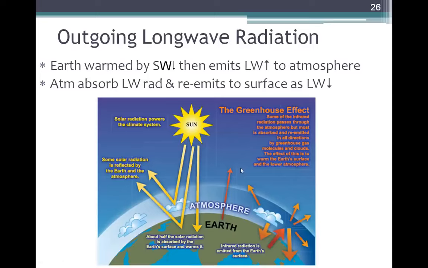If it weren't for the Earth's atmosphere, we wouldn't be able to hold on to any of our heat. It would all just escape, and the Earth would not be habitable for life. So the greenhouse effect describes an important component of the atmosphere, which is to warm us up. It's as if we have a blanket on top of the Earth, and it keeps us warm.